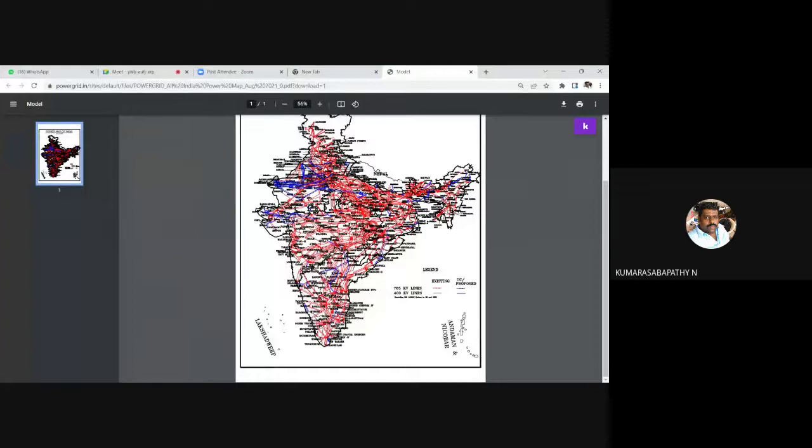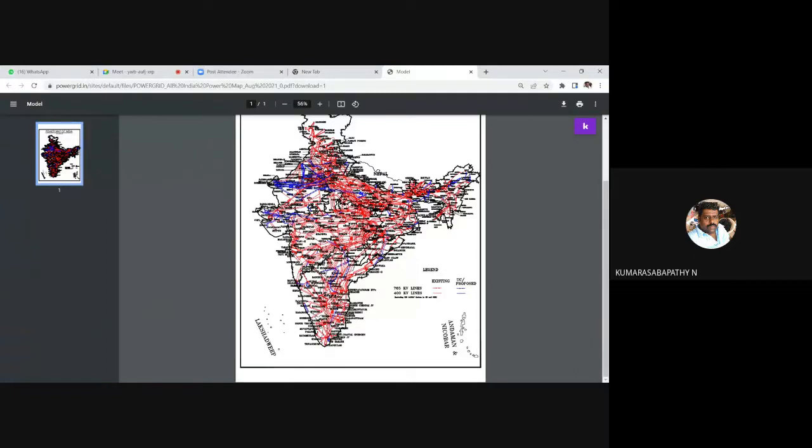This is the current national grid in India. All the grids have been interconnected with the national grid. So if you generate power in Tamil Nadu, it can be used even in Kashmir.